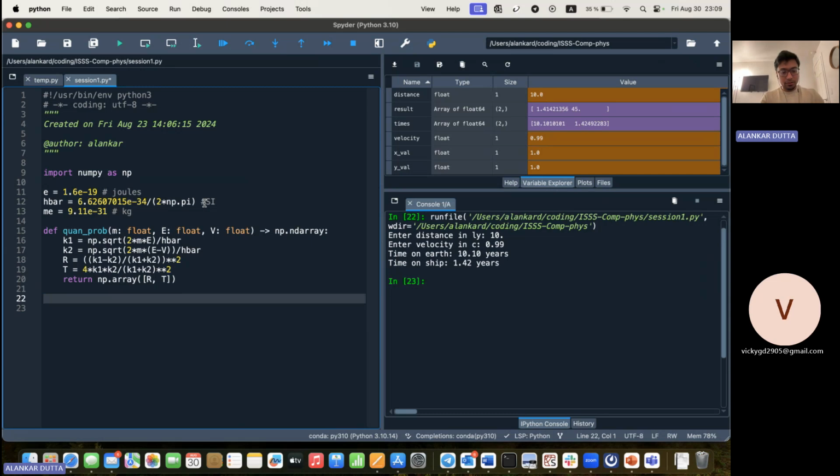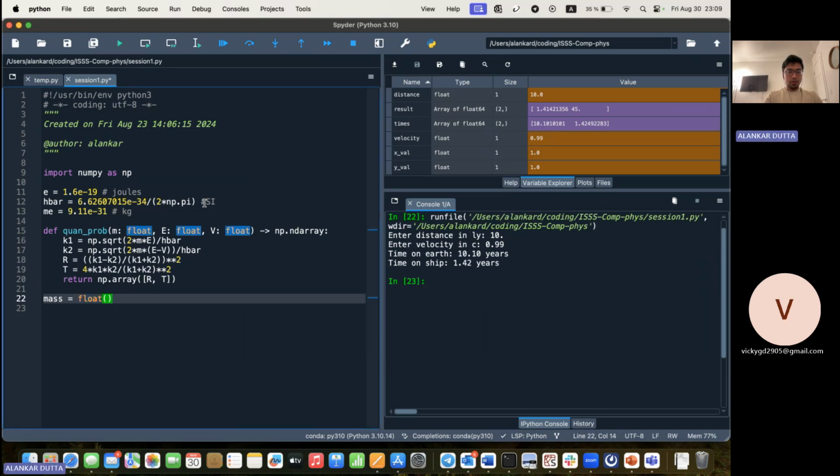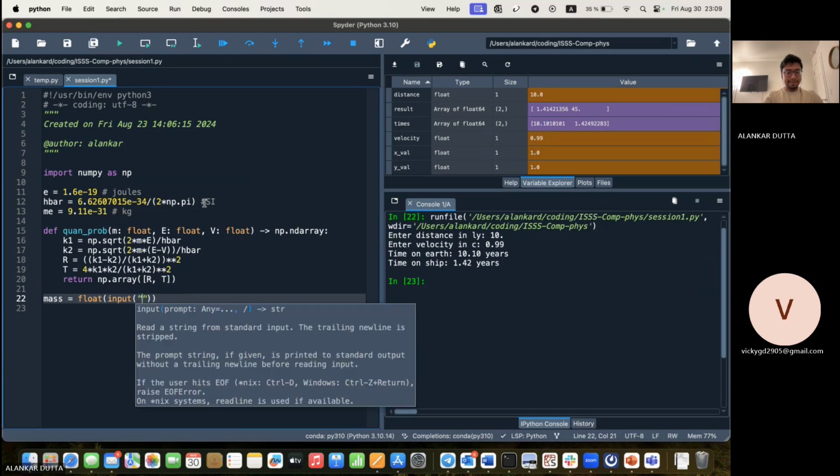Okay, so now we will go in here and put in the values, just like before. What values do we need? We need mass, which is here. Let's do a float, and inside the float we'll give an input, the mass in electron mass.